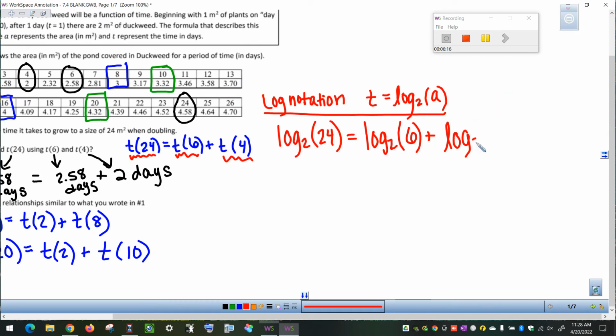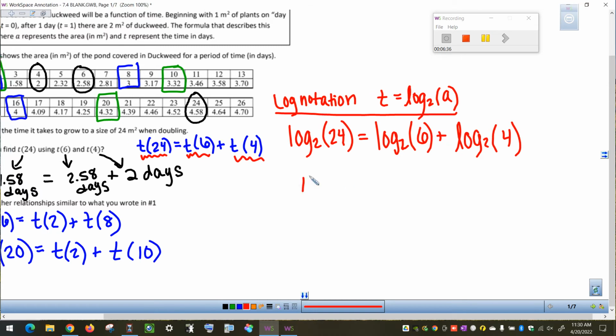And so we're going to write that as log base 2 of 4. So we see that the log expressions here on the right side are being added together. And then what happens here to the areas is that they were multiplied. 6 times 4 was equal to 24.